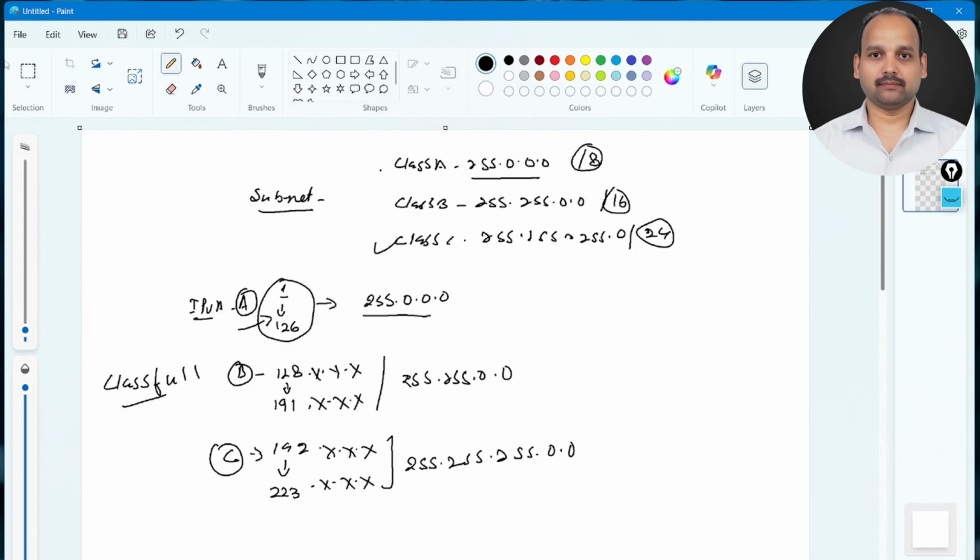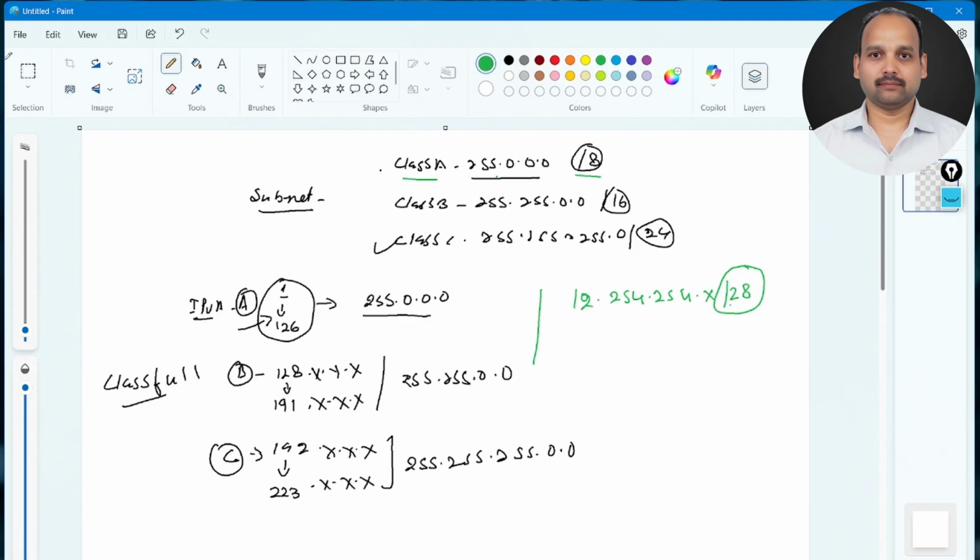But suppose here I am going to use the range 110.254.254.0 or x slash 28. So 28 is denoting your subnet bit. Your subnet bit by default for class A is /8 because this is 255.